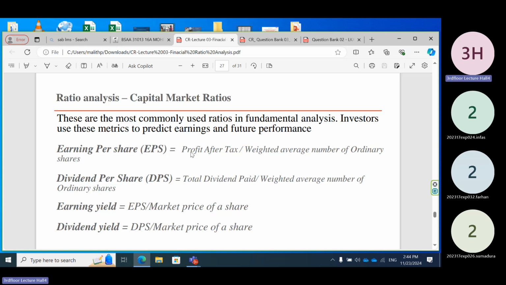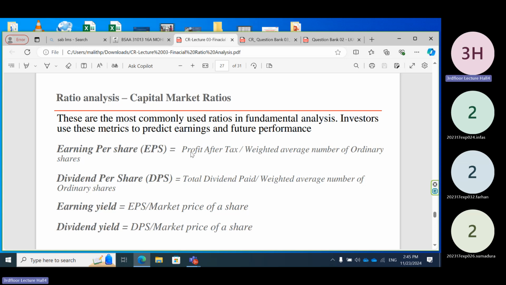Market yield means your return rate: per 100 invested, you earn 20. Market yield, market return, right? Then dividend yield: for 100 invested, the dividend is 15. Dividend yield is the real earning, the real dividend rate, right?